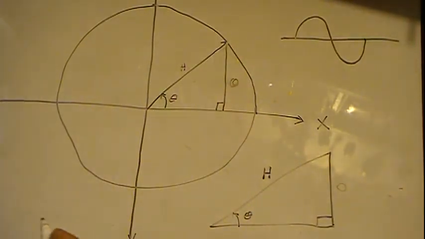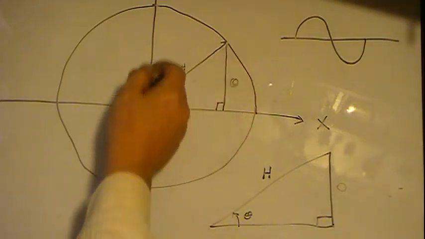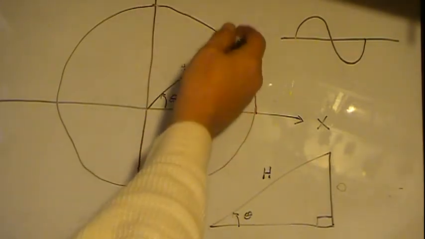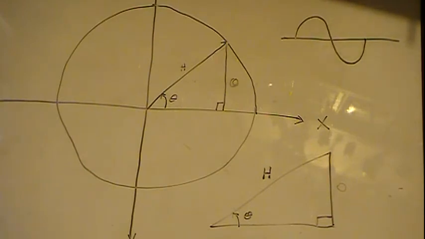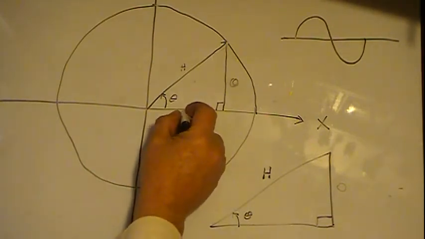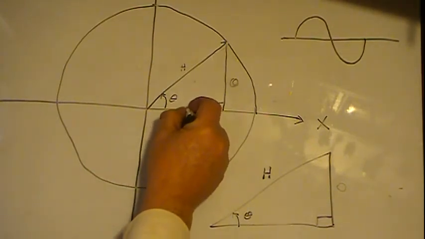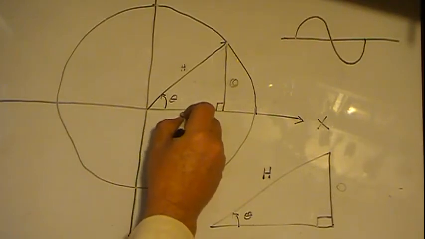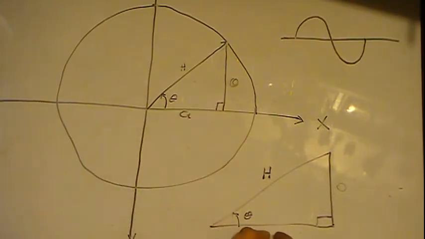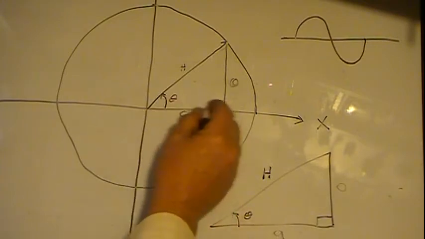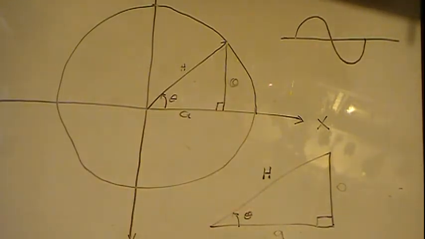And that works out to be a parallel line to Y. It's a vertical. And then the adjacent side, A or capital A, either way, is basically the x-axis here, or something that would be parallel to the x-axis.